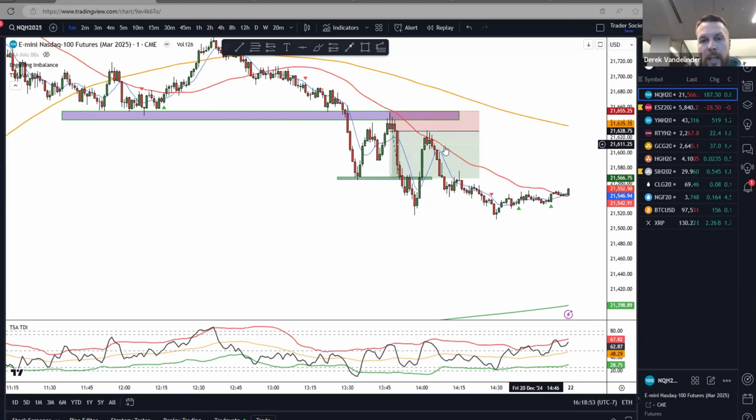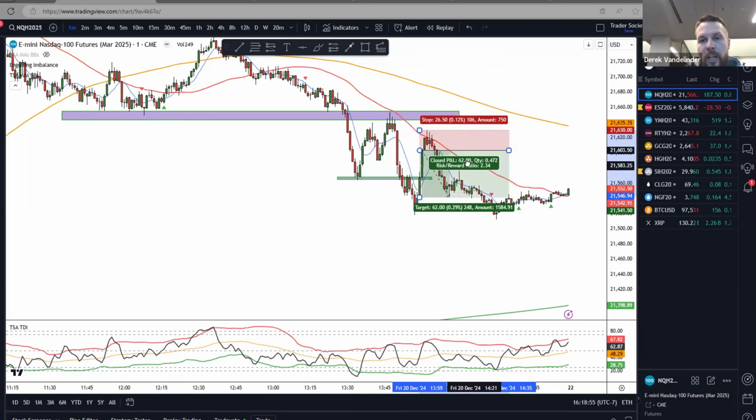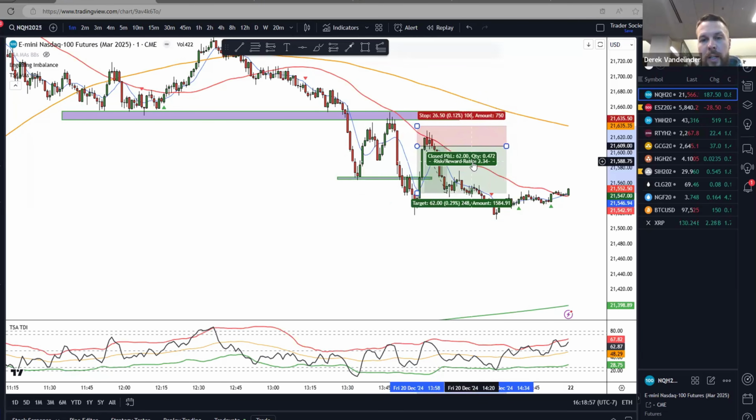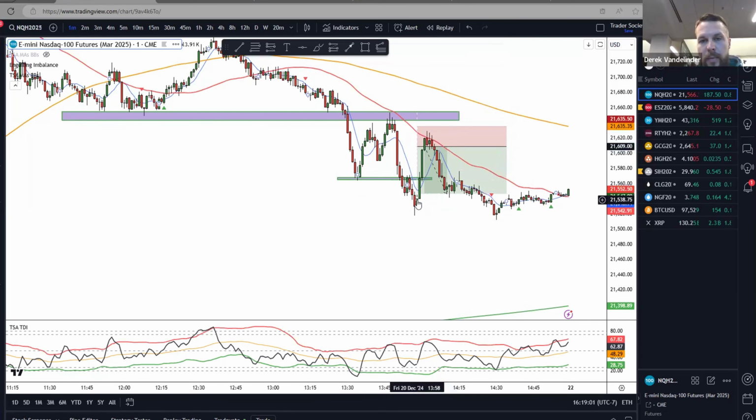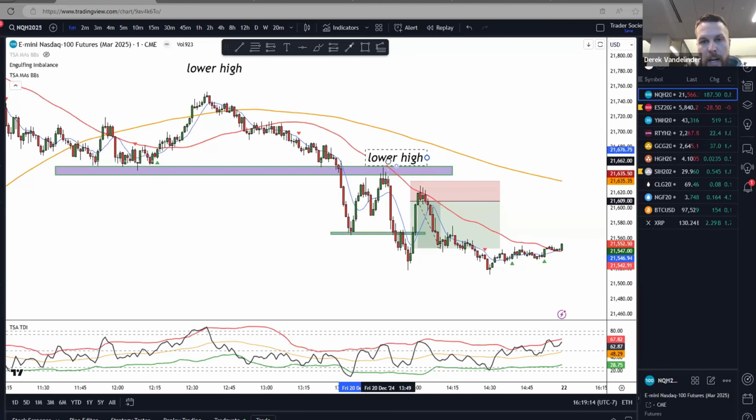Now we have the same thing where we essentially could have had 2 trades right here. So this trade would have already been over. Now we have another trade, and it made a lower high. So we have a lower high and then a lower high right here as well.